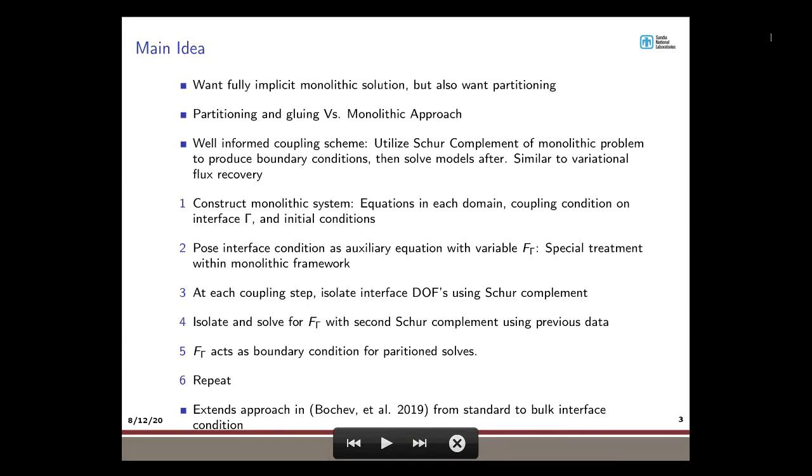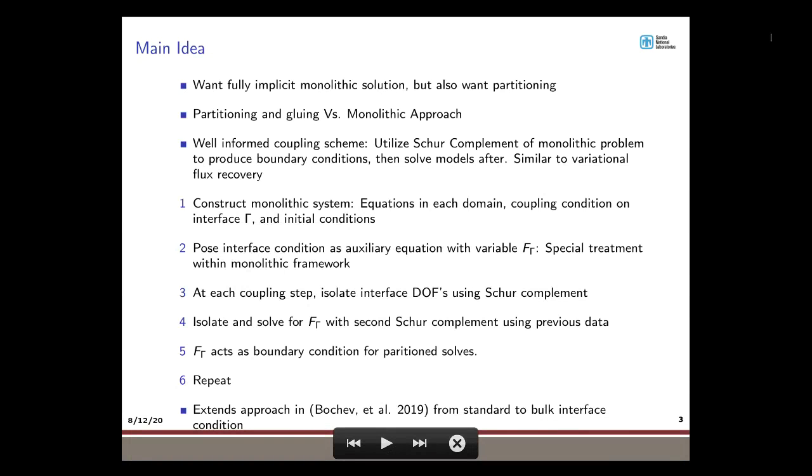So the most straightforward way, and also the most expensive way, to realize this well-informed coupling scheme is to utilize the Schur complement of the monolithic system to produce these fluxes at the boundary, then producing boundary conditions for each individual component, and then you can solve them individually. And ideally, you want to introduce some degrees of freedom into this monolithic system so you can derive some specialized discretizations regarding this coupling. This is very similar to variational flux recovery, if you're familiar with that, but in a different, coupling context.